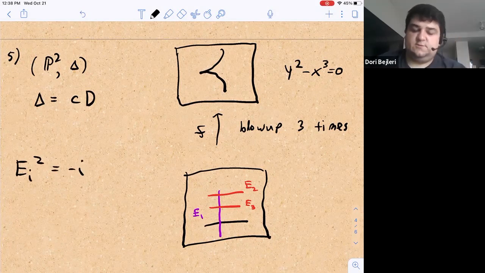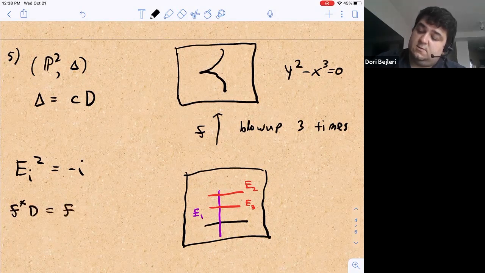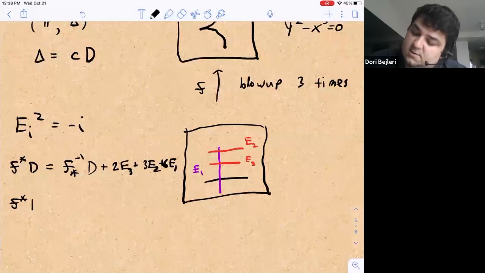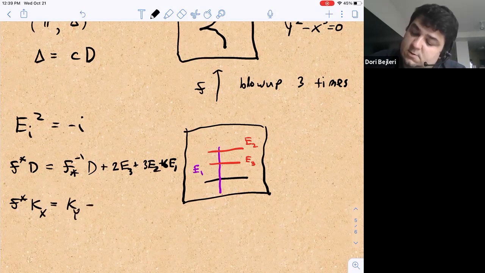We can compute that from these three blowups, and then we can compute that f upper star of D is the strict transform plus 2E3 plus 3E2 plus 6E1. So those are the multiplicities, and then f upper star K is KY minus E3 minus 2E2 minus 4E1.